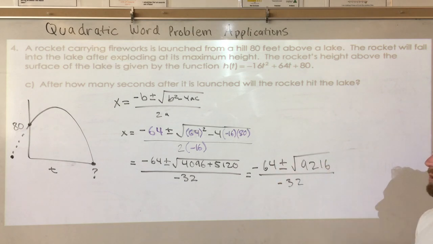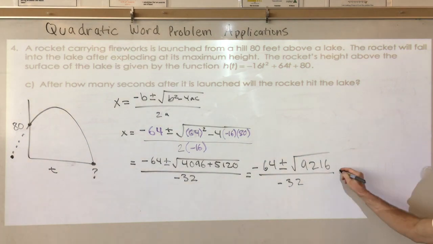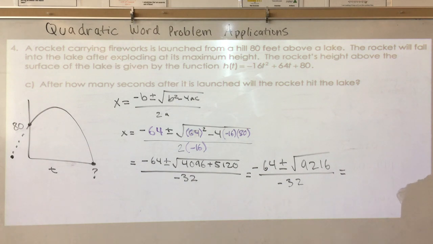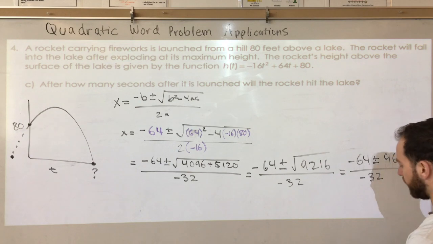Now remember, we're going to get two answers. We don't care about the negative one, we only care about the positive one. So the square root of 9216 equals 96. So we have negative 64 plus or minus 96 over negative 32. So we have two versions, our positive and our negative version.